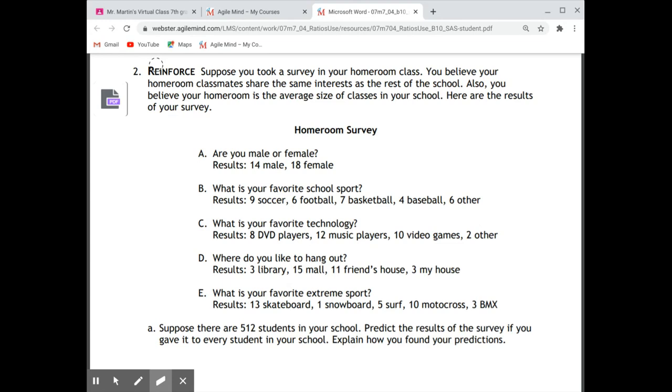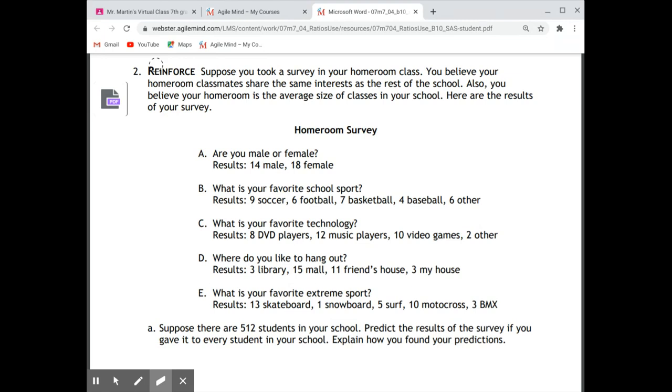Are you male or female? 14 male, 18 female. What is your favorite school sport? 9 soccer, 16 football, 17 basketball, 14 baseball. Not 14. Hold up, not 14. It said 6 football. Yeah, there you go. 6 other. What is your favorite technology? 8 DVD players, 12 music players, 12 video games, 10 others.